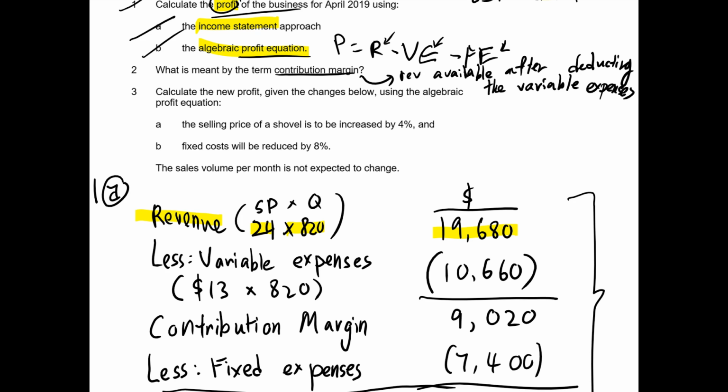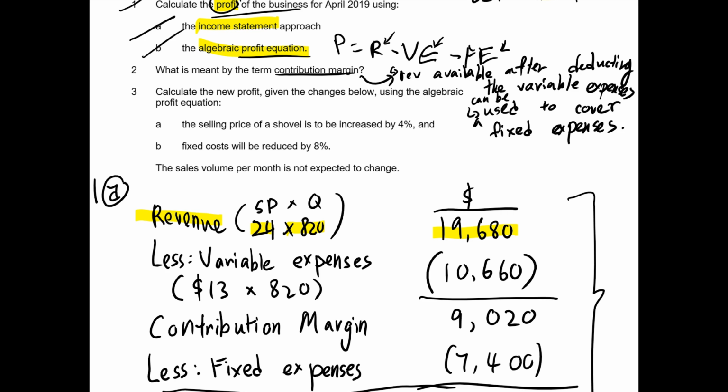And contribution margin can be used to cover fixed expenses. So this is what contribution margin is all about.